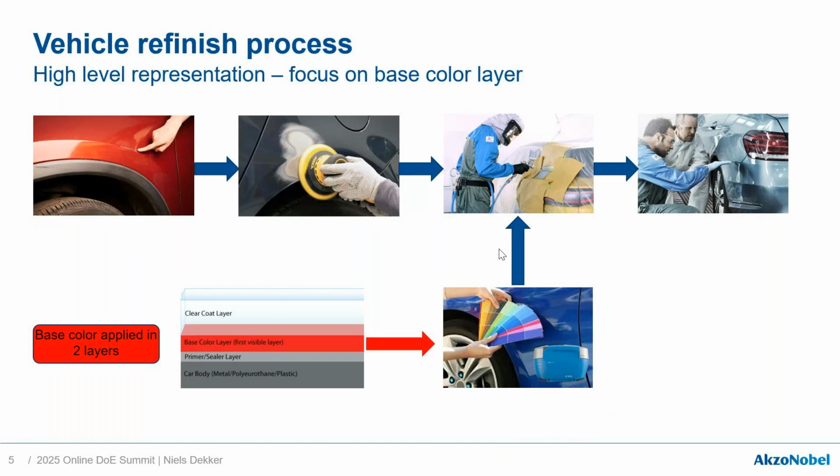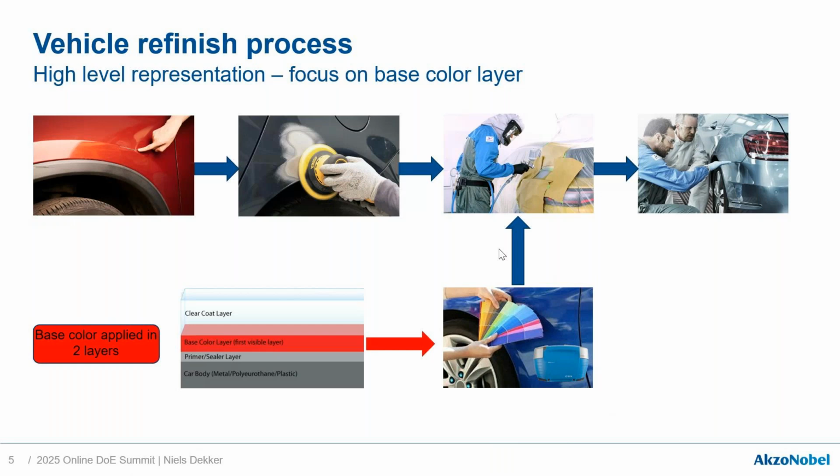Then after that, the body shop will start spraying the different layers of the repair system. It is very important to understand that the repair paint system is very different from the original paint that the original car manufacturer put on the car.